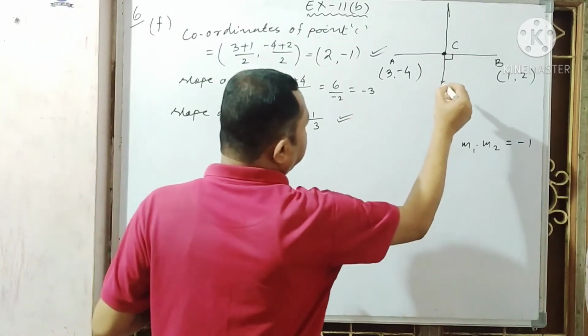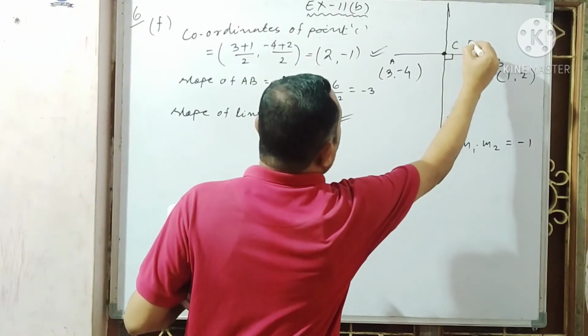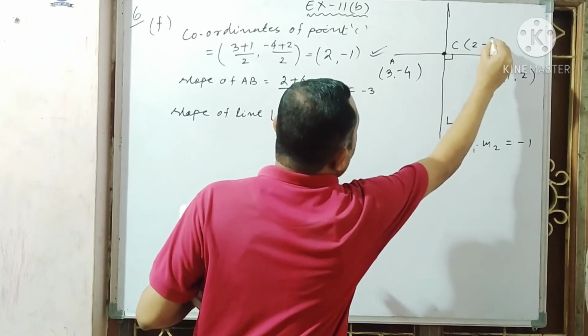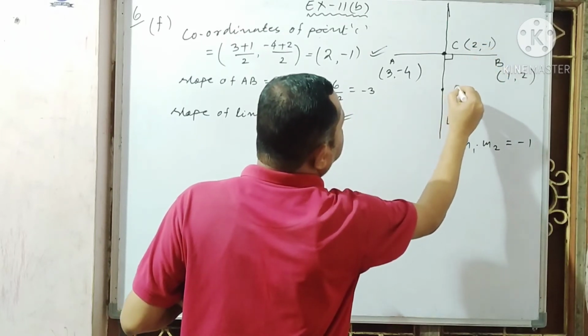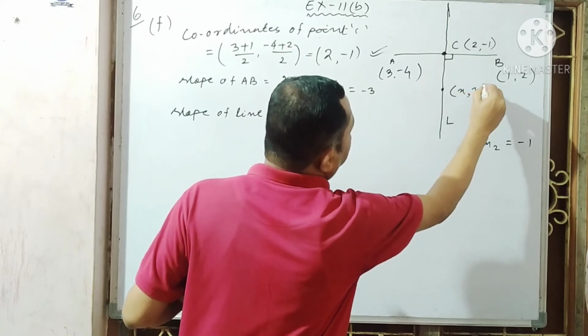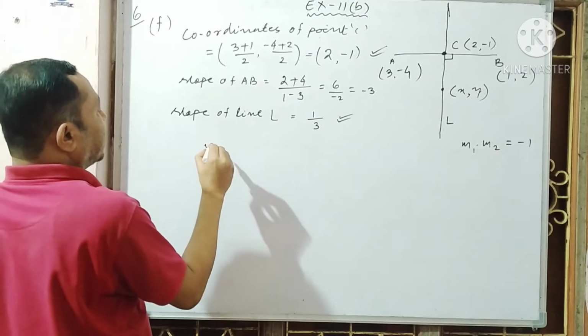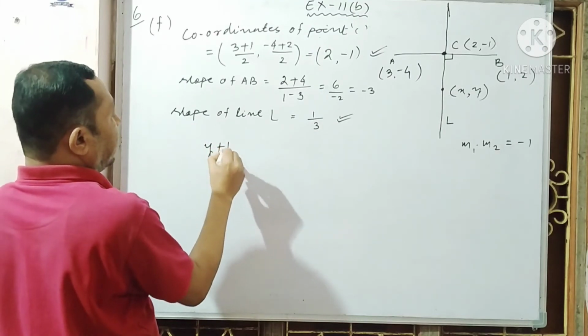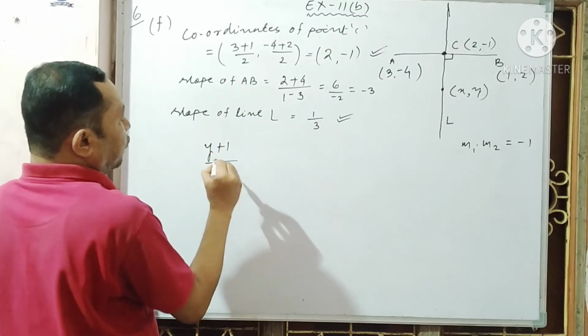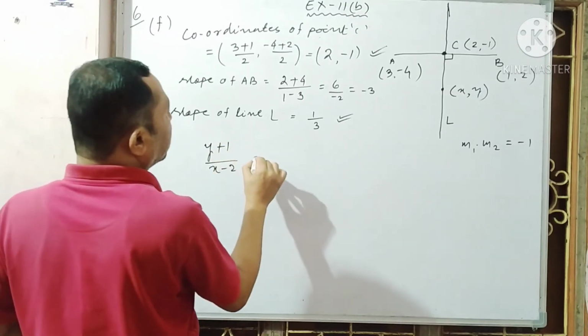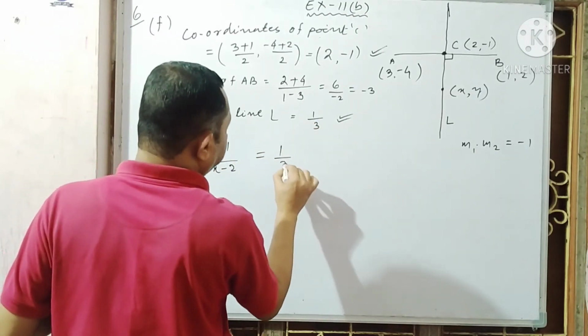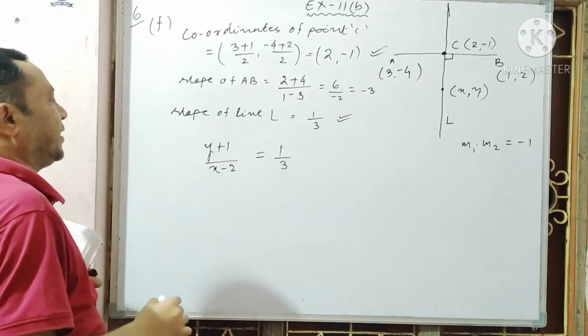Point C is 2, minus 1, and consider a general point, that is x, y, on the line, and taking these 2 points, the slope is y plus 1 by x minus 2. This slope should be equal to 1 by 3, which we have already calculated.